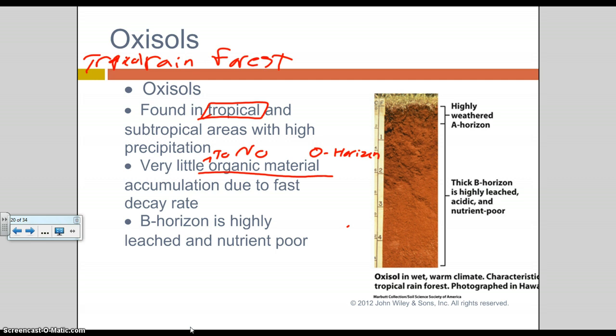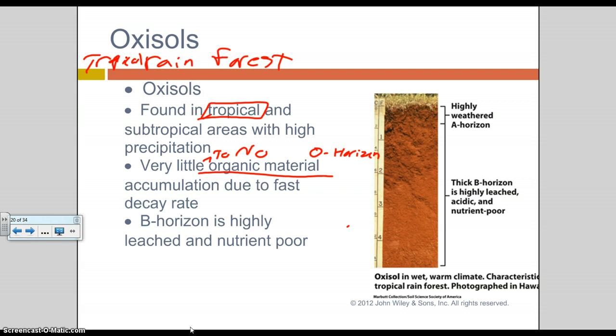The reason for this is because as soon as a tree gets struck by lightning and a limb falls to the forest floor, or a single leaf from a tree hits the forest floor, all these little critters and organisms come out and they consume that organic material before its nutrients have an opportunity to decay.